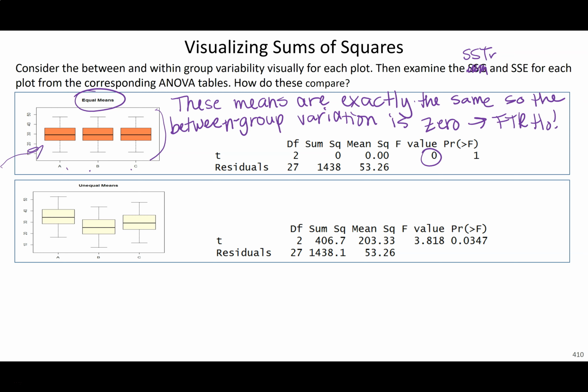Then scenario 2, here we're looking at the same variability within each group. So the variability of group A is the same as the variability of group B, which is the same as the variability in group C. However, you can see that they're not all the same mean. They have different means. So the means differ.